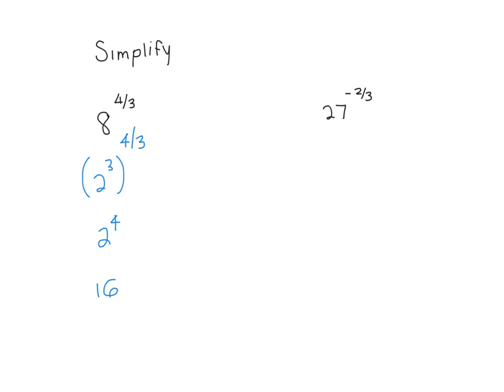Next, we have 27 raised to the -2/3. 27 is the same as 3 to the 3rd power. Raise it to the -2/3. Power to the power, you multiply the exponents, and you're left with 3 raised to the -2nd power. That's the same as 1/9.